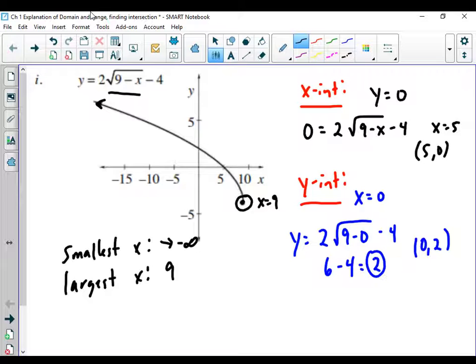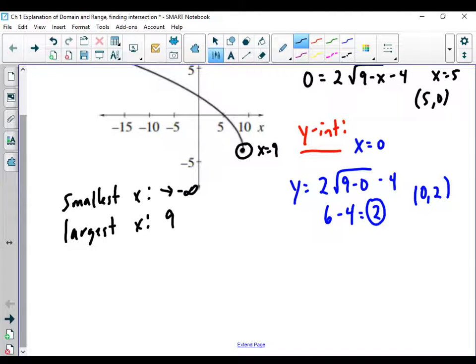Whenever we look at the possible x values for a graph or for a function, what I'm really referring to is the domain. So the domain would be our possible x values. So for this example here, my possible x values, really we're going from the smallest number I could ever come up with, negative infinity.